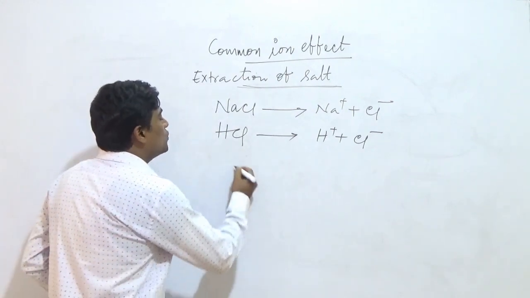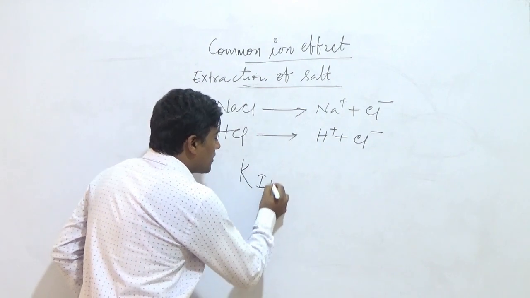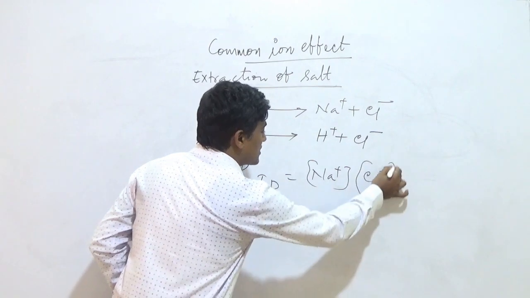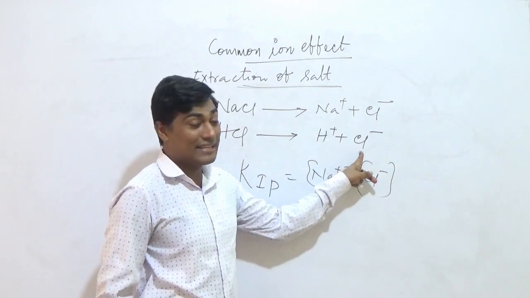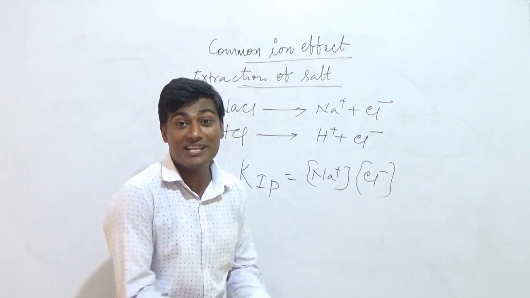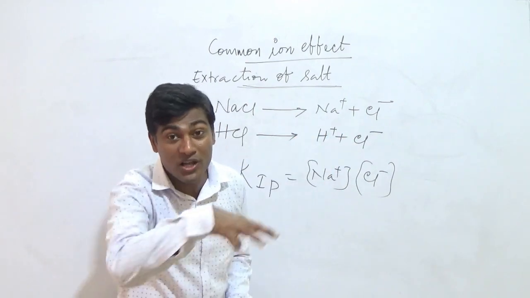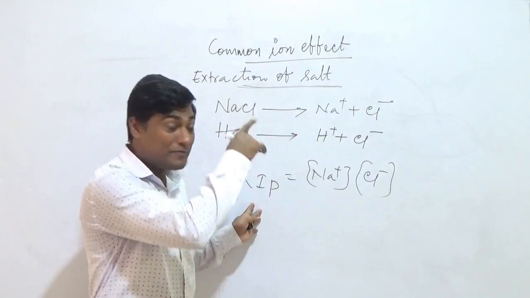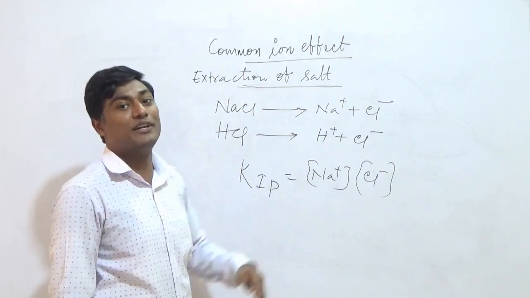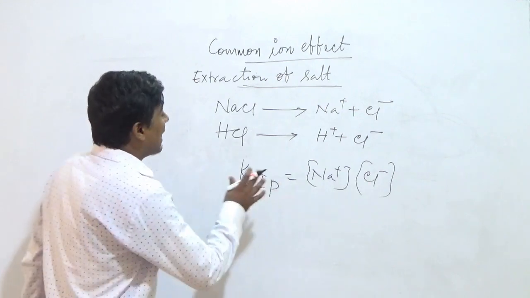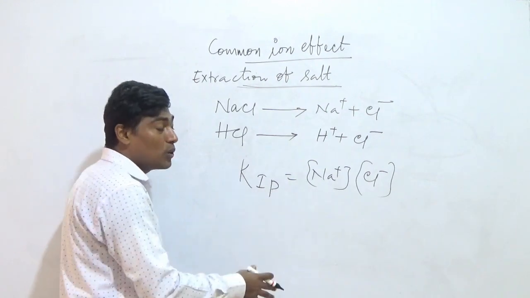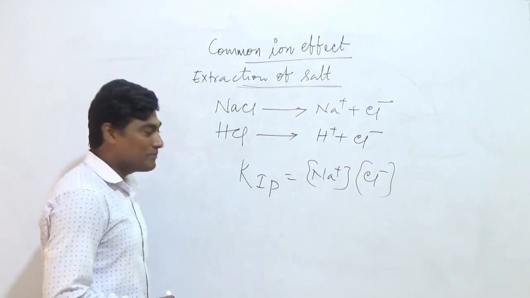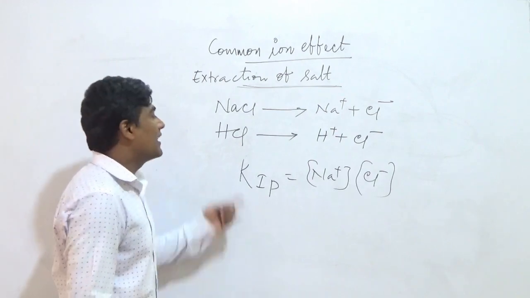The ionic product is nothing but the Na+ concentration times the Cl- concentration. Due to the addition of HCl, the Cl- concentration is increasing, and now the ionic product can well exceed the solubility product.